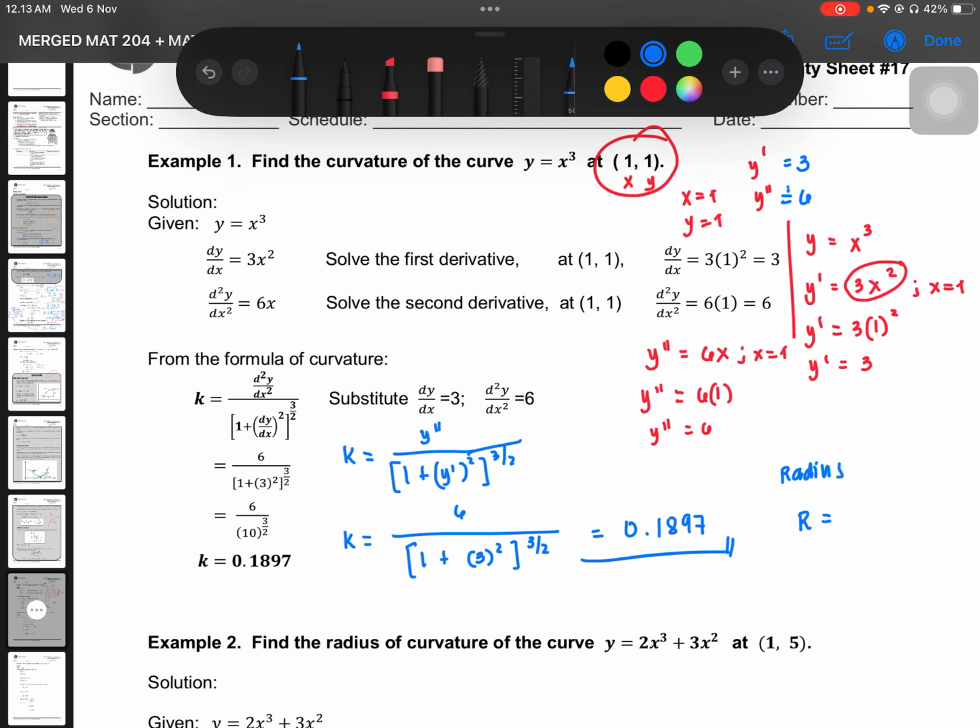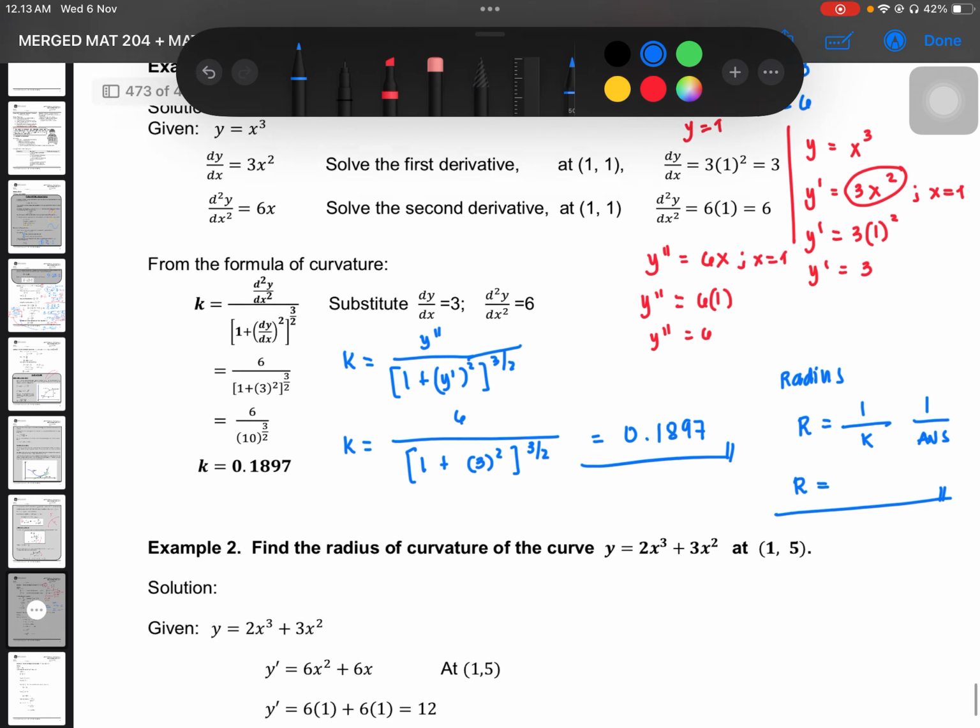So, R is equal to 1 over K. So, ang lagay nyo lang sa calcul nyo, 1 over ans. Then, makukuha nyo na ngayon si R. Okay? So, I'm not using my calculator right now, so hindi ko rin alam kung ano yung final answer dito. But then, gano'n lang yung kalalabasan.